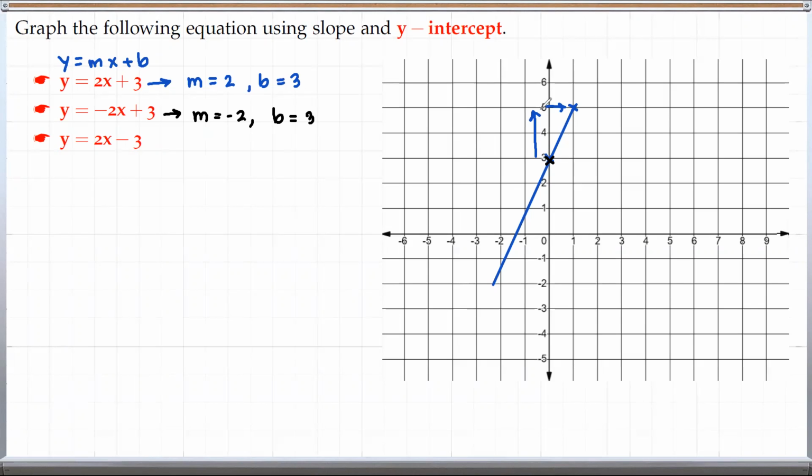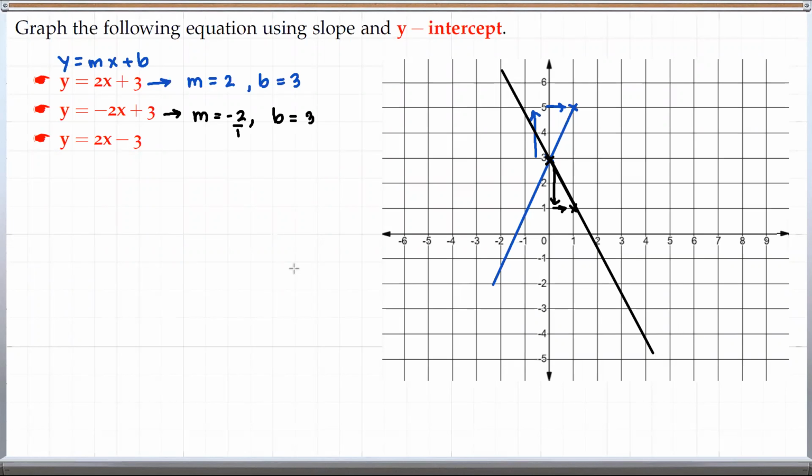So instead of going up, we go down by 2 units and to the right by 1 unit, because this slope we can write as -2 by 1. So the graph must go through that point. So based on that, we can draw the graph. So it must look something like this one. So this is the graph for the second equation.